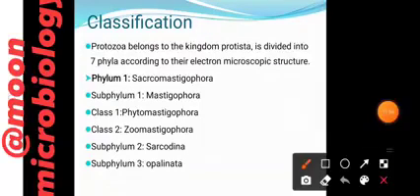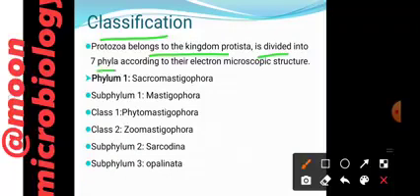Now, the classification of protozoa. Protozoa belong to the kingdom Protista and are divided into 7 phyla according to electron microscopic structure. Phylum 1 is Sarcomastigophora, which means they have a single type of nucleus.